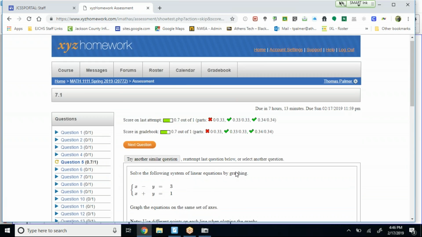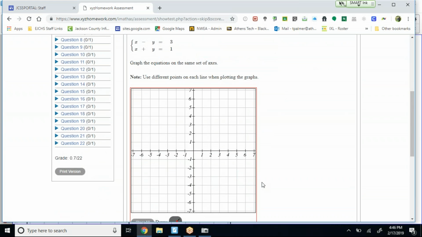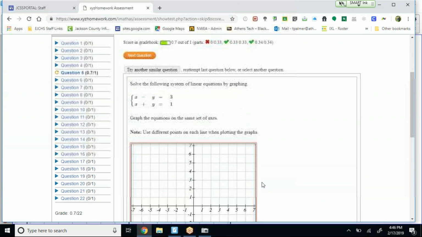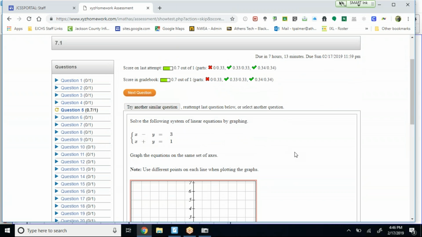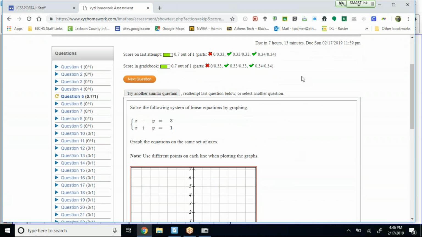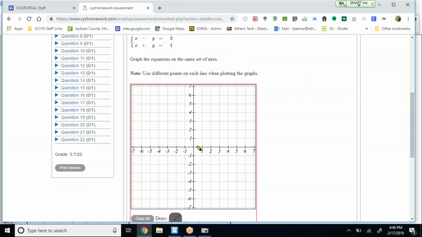Well, it took 2 of them. It just didn't take the graph, right? And the graph was a third. So you got 2/3 of the problem right, and only a third of it wrong. So yeah, you're gonna have to graph it.